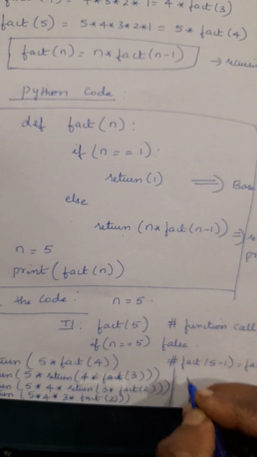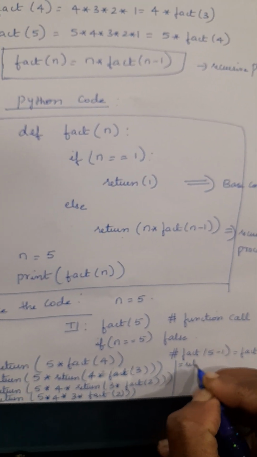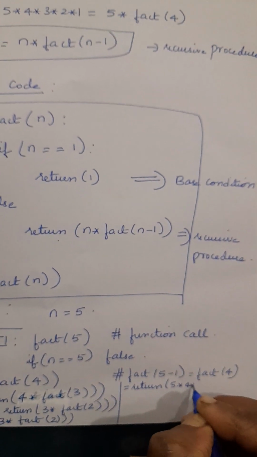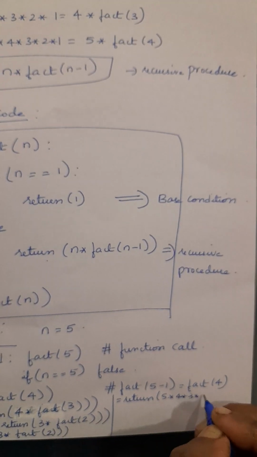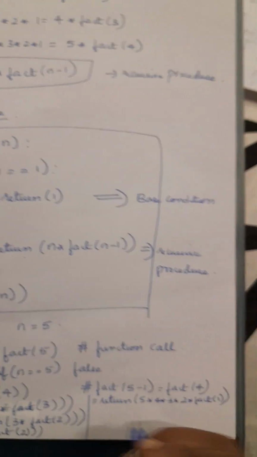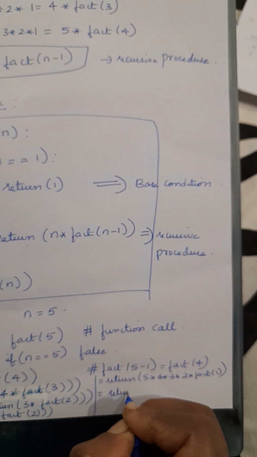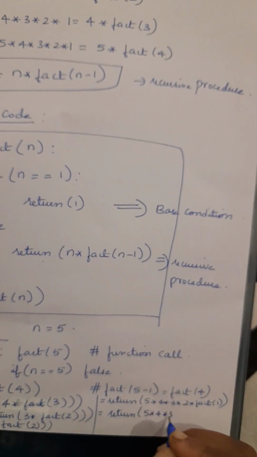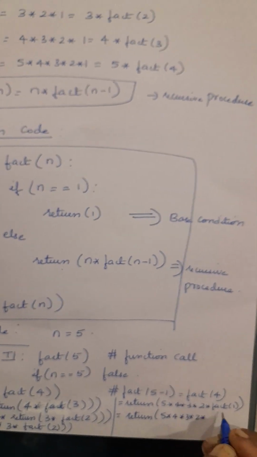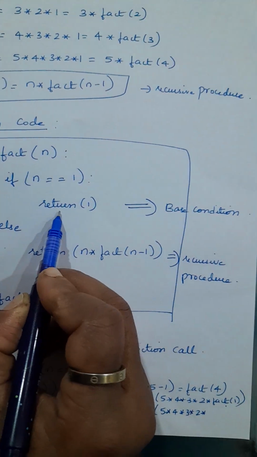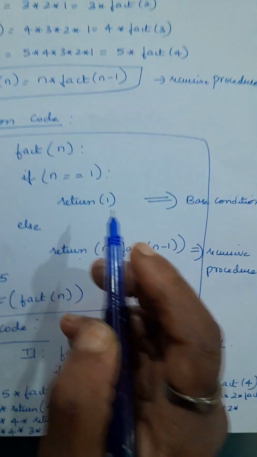So that is equal to return 5 into 4 into 3 into fact of 2, which becomes 2 into fact of 1, right? Now again it is return 5 into 4 into 3 into 2 into, what is fact of 1? Now the n value becomes 1. If n is equal to 1, what do I do? I return 1. So this is the base case.